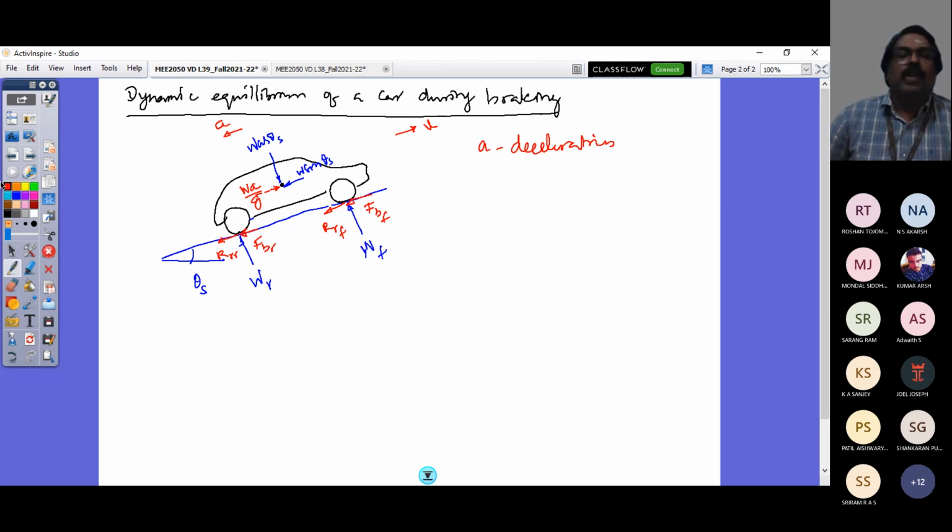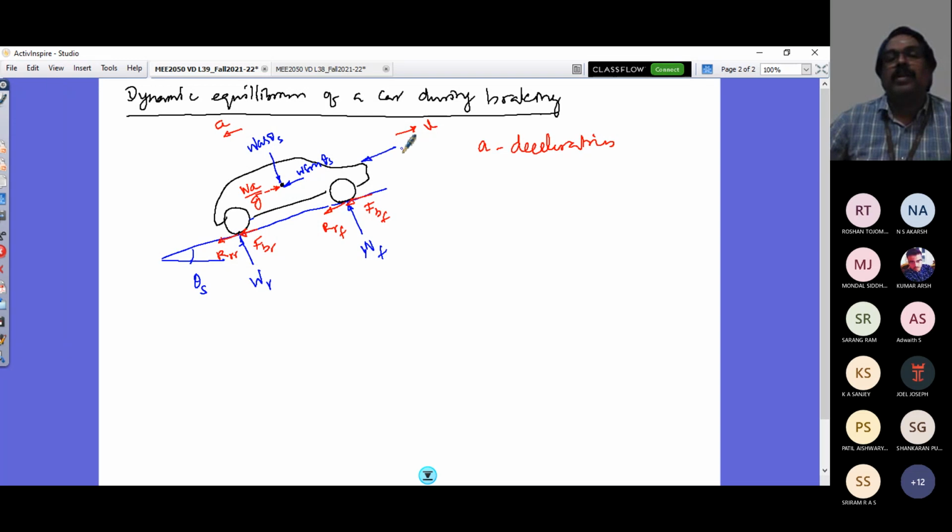Of course, if my vehicle goes on the slope at high speeds, I can't neglect my aerodynamic resistance, and I also consider, say, drawbar resistance.